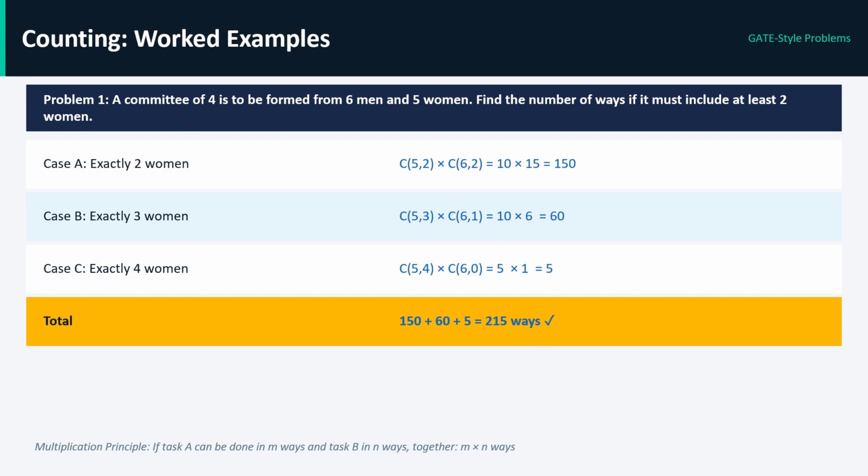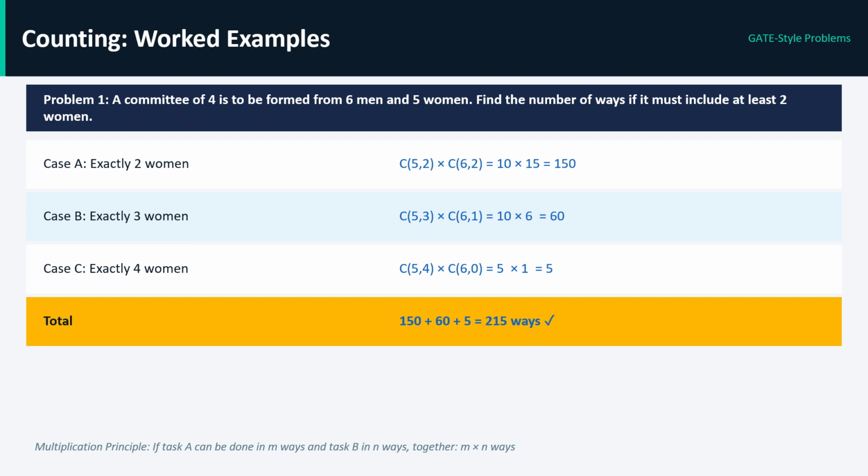This can be achieved in multiple ways. Case A, where exactly 2 women are there in the committee. Case B, exactly 3 women are there. In case C, exactly 4 women are there.